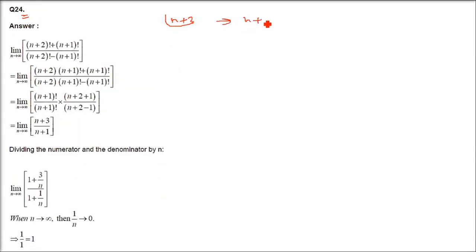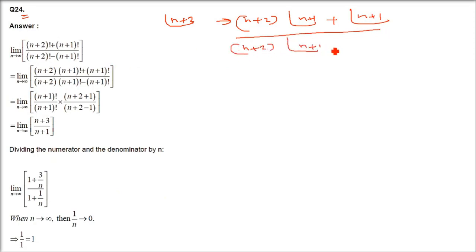(n+2)! can be written as (n+2) times (n+2-1)!, so inside you have n+2-1, which is n+1, and you have plus (n+1)!. In the denominator you have the same thing, (n+2)(n+1)! minus (n+1)!. Now take this (n+1)! common from numerator and denominator.